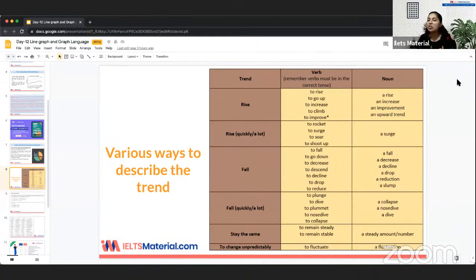So the point to explain is that when we take sessions for 1 hour, half an hour or 45 minutes, the main agenda is to explain the different methodology used by the trainers of IELTS material to make you understand properly and with clarity about the IELTS examination, whether it is academic or general.